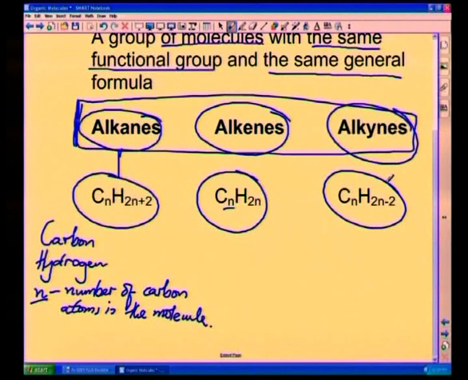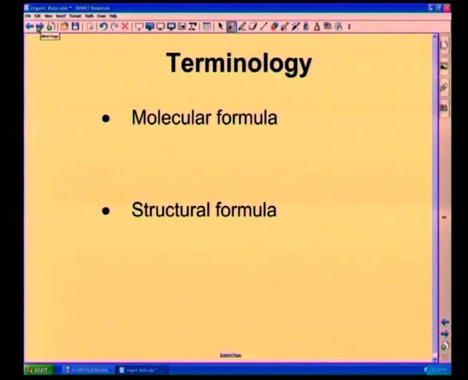All right. Now, let's move on. Terminology, continued: molecular formula, structural formula. Now, what is a molecular formula? Let me explain this quickly. If we have, say, carbon dioxide, let me move out of organic chemistry a little bit.